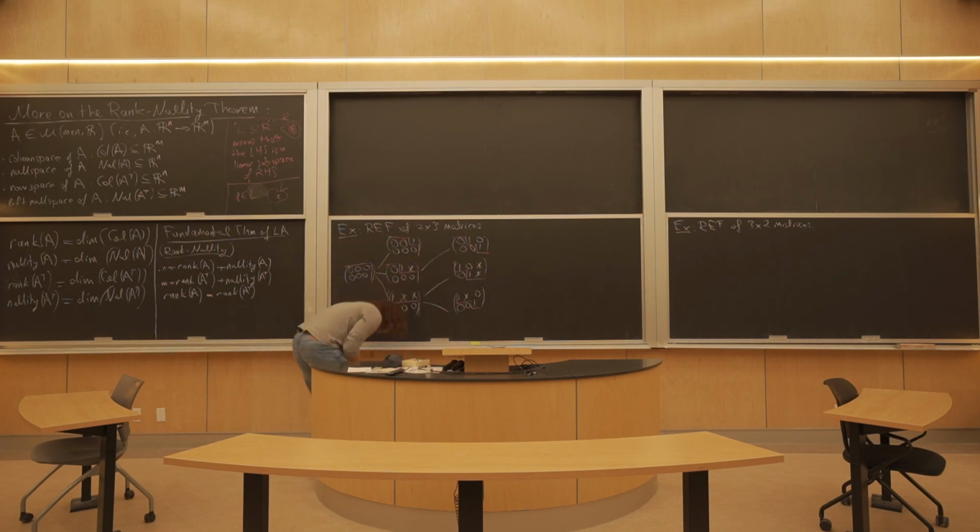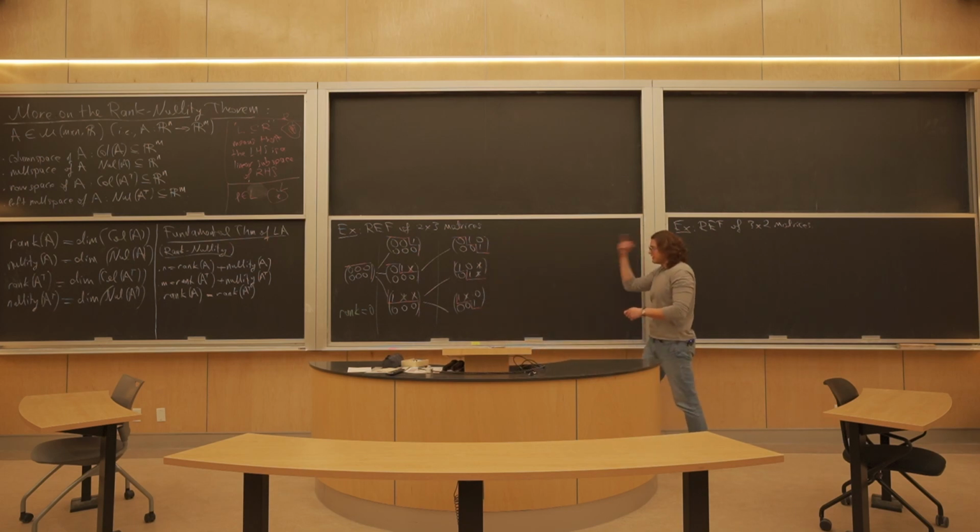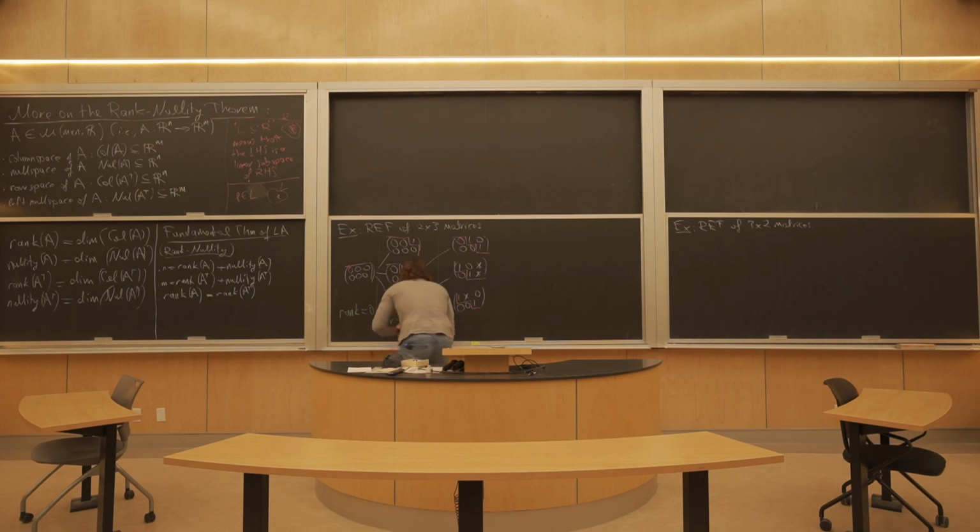So this has rank 0, and so is any other matrix whose reduced echelon form is that. Any of the three reduced echelon forms in this middle piece has rank 1, and so does any matrix that can be row reduced to either one of these. And these have rank 2.